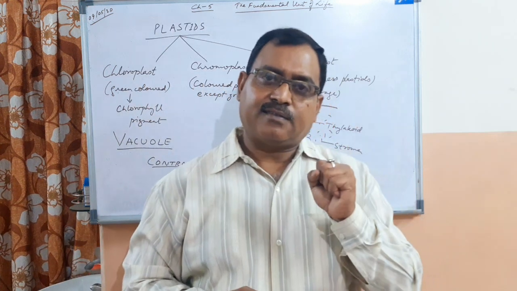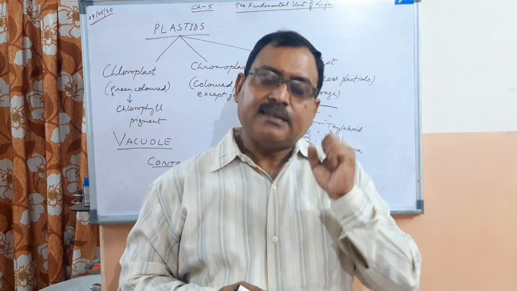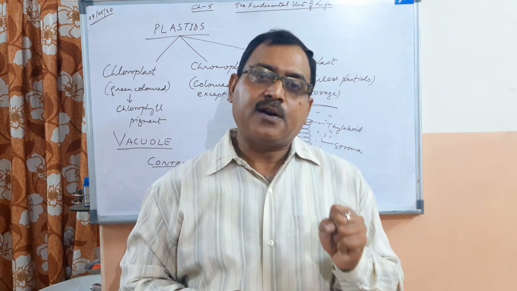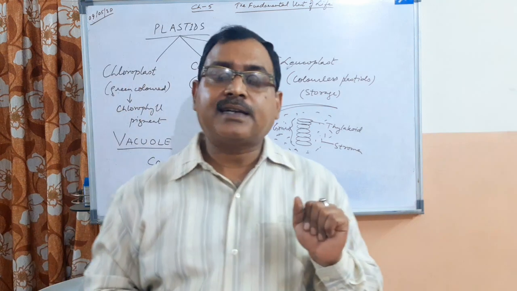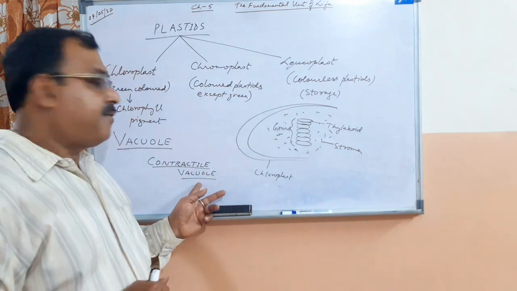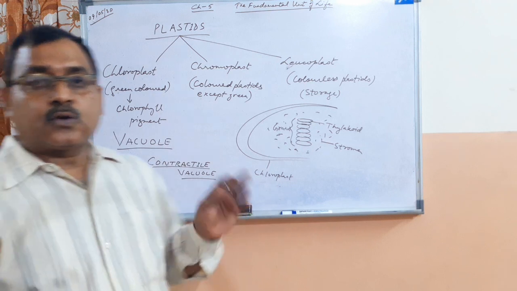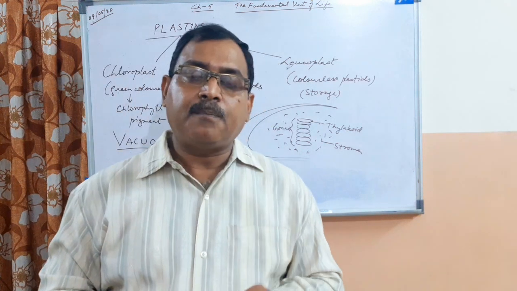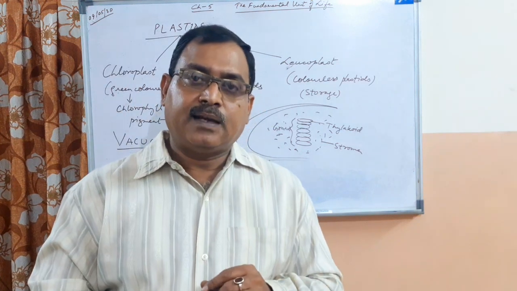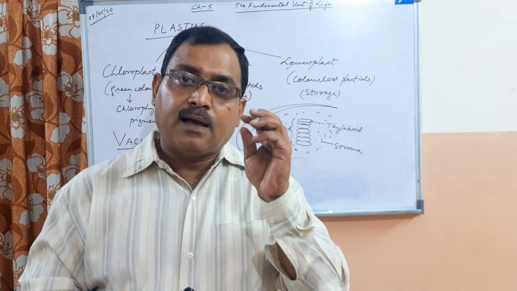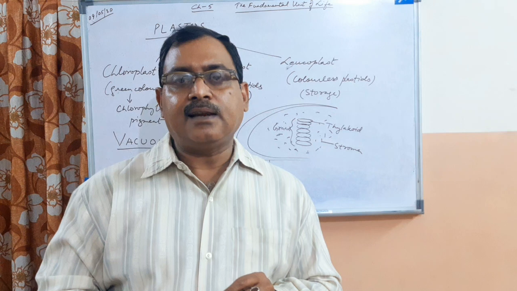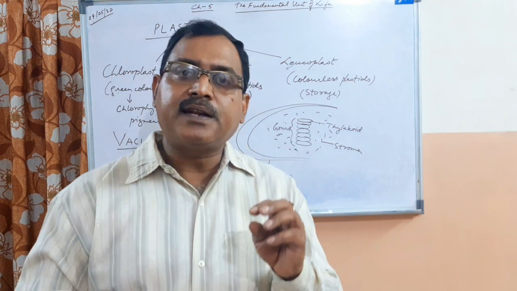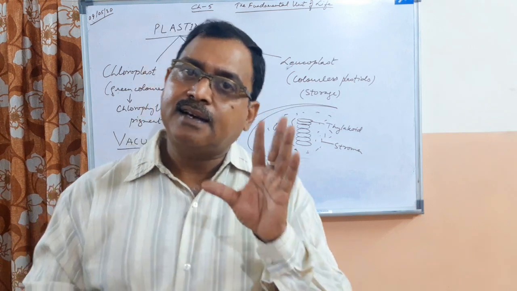Means excess water and salt inside the body is thrown out with the help of this contractile vacuole. So contractile vacuole helps in maintaining the salt concentration inside the cell, also helps in maintaining the water balance inside the cell.